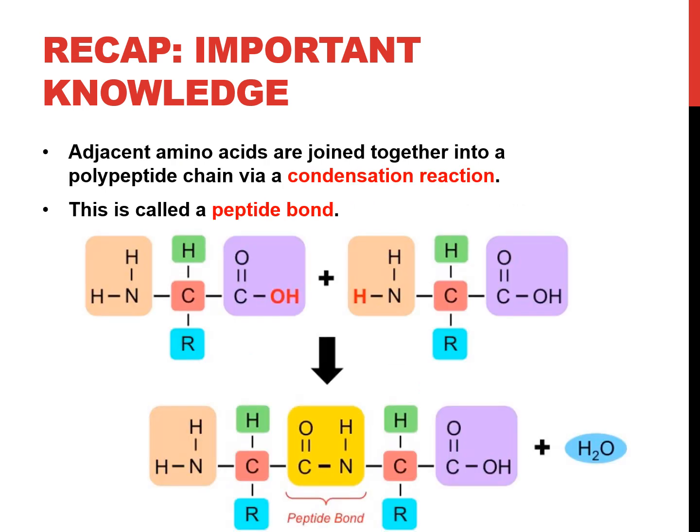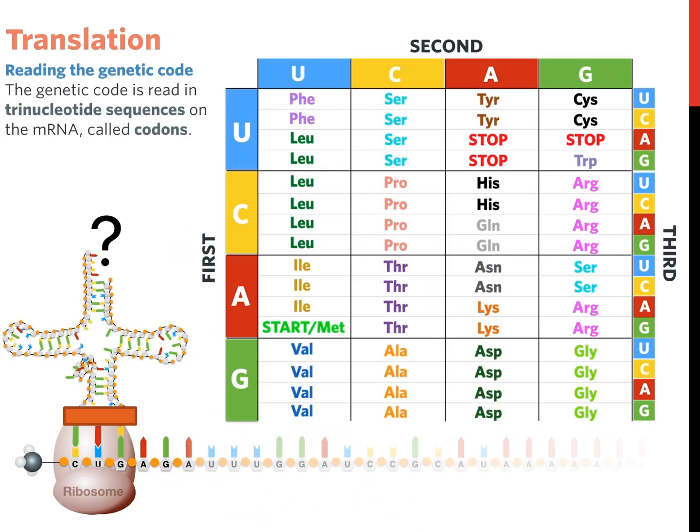All right, corresponding amino acids are joined with one another, okay, through a condensation reaction to create that peptide bond. Multiple of those will then create your polypeptide. All right, and this is your codon chart that you should be able to read by now.